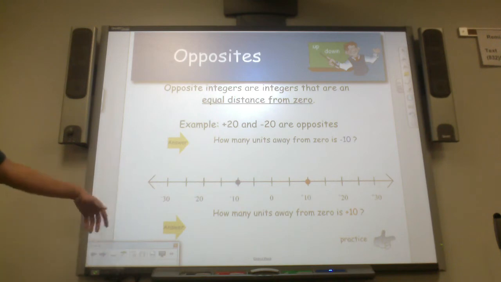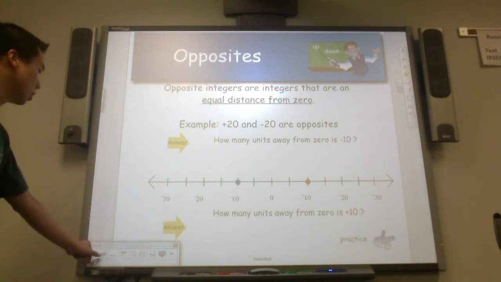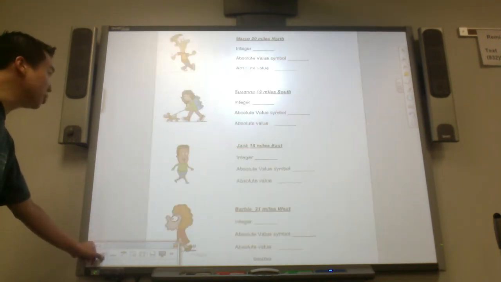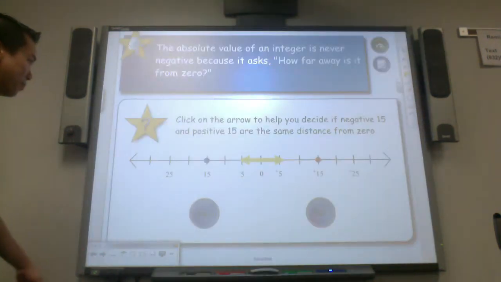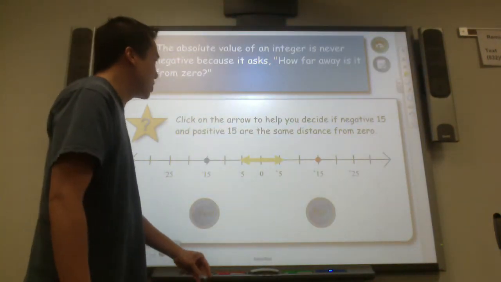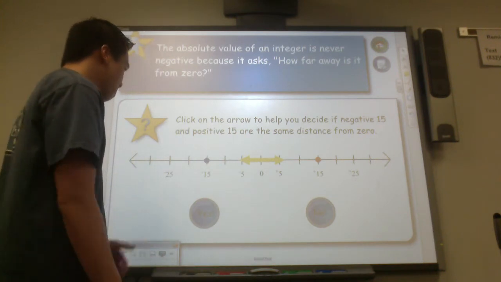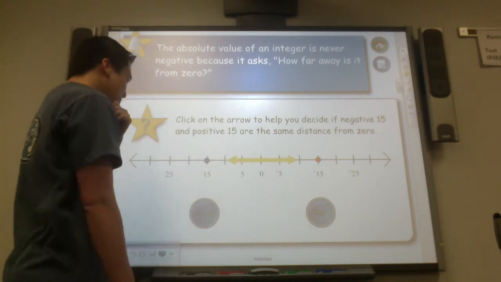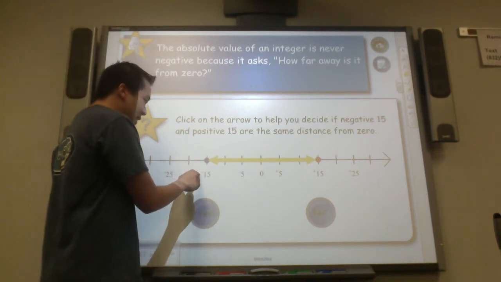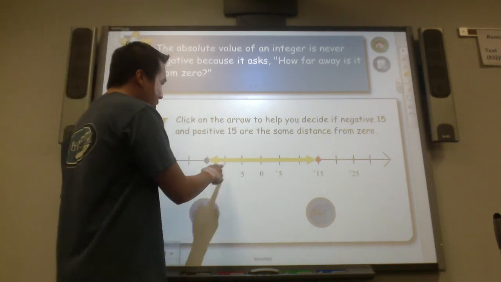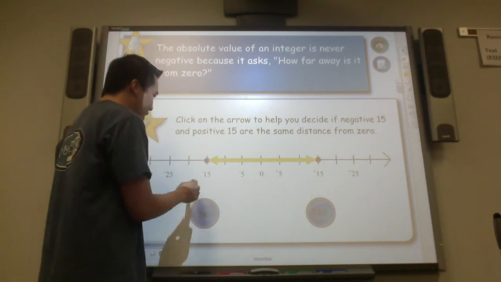So let's look at this example. Click on the arrow to help you decide if negative 15 and positive 15 are the same distance from 0. If I click on the arrow, how many units from 0 is negative 15? Let's find the absolute value of that.